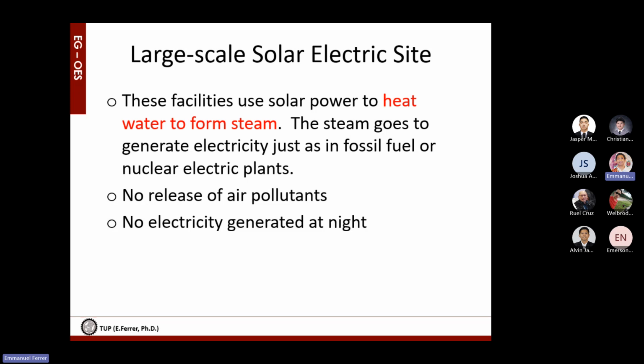For solar concentrators naman, so we have yung mga salt materials to store heat, yung mga high capacity heat exchange capacity ng mga materials para mag-store ng heat for a longer period. Yung heat na na-store na yun, again, will be used to produce steam for your steam turbine.